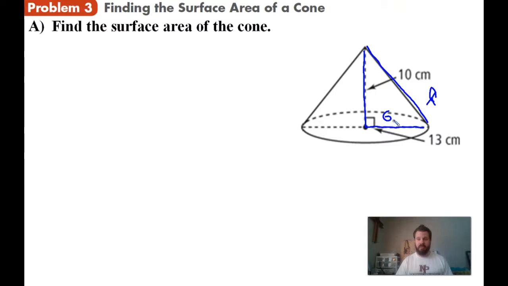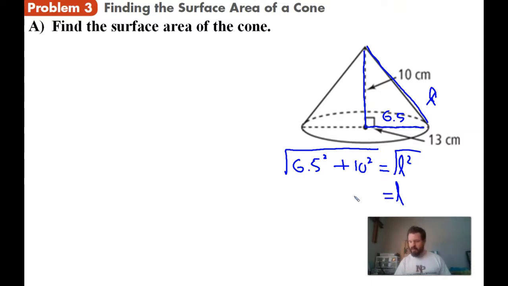So side length of 6.5 and the slant height. So for that, I'd say 6.5 squared plus 10 squared is equal to the slant height squared. We'll square root both sides, and that's going to leave us with a slant height equal to, we could say 11.927.